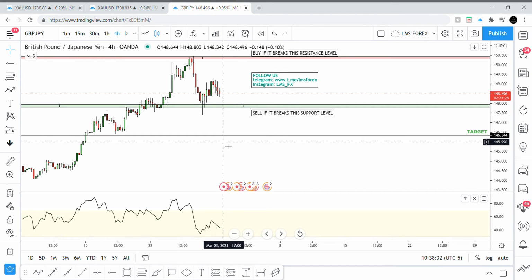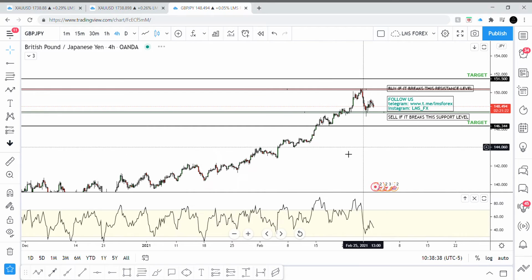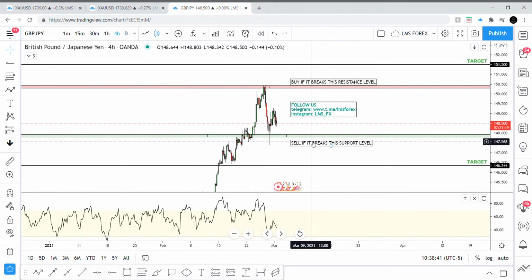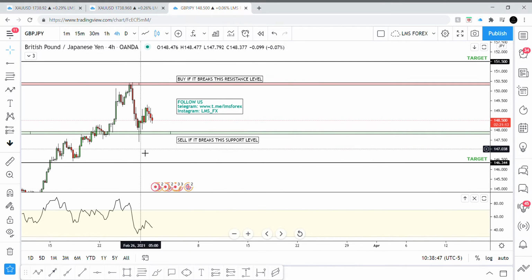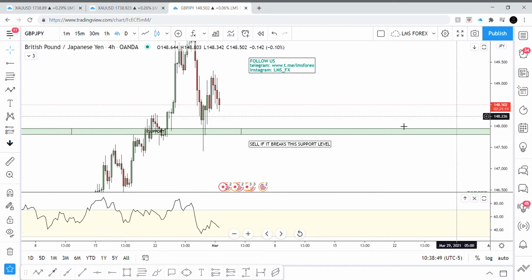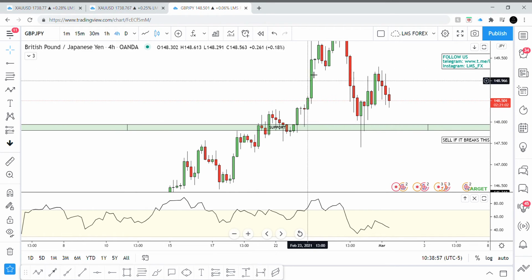GBP/JPY is ranging right now. Nothing is happening. It's completely in an uptrend. We have to see where this is going to find some type of support, and when that support is formed, we look for a potential setup that looks just like this. Support is formed, the next green candle crosses the previous candle's high, and we just move up.